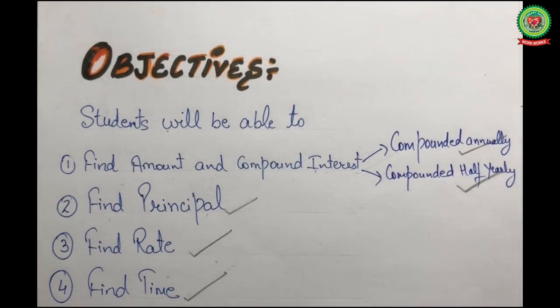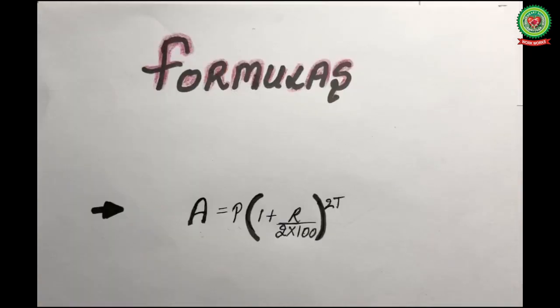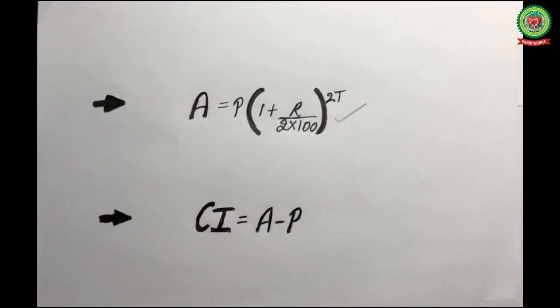The formula for calculating amount when the interest is compounded half yearly or semi-annually is A = P(1 + R/(2 × 100))^(2t), and the formula for calculating CI, that is compound interest, is A minus P, that is amount minus principal.